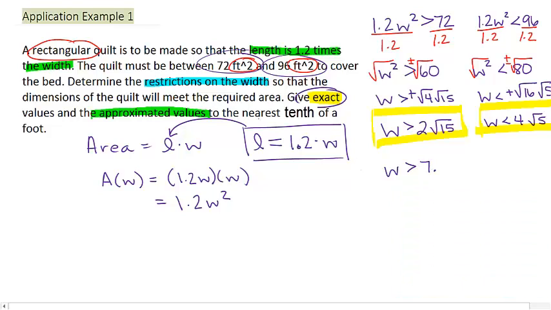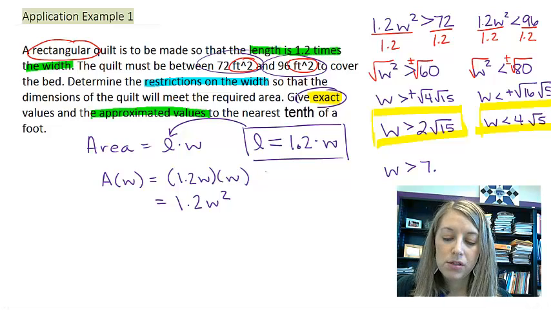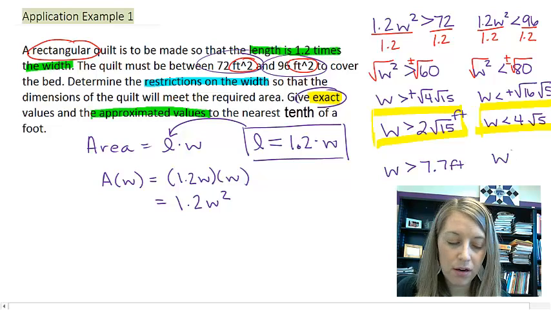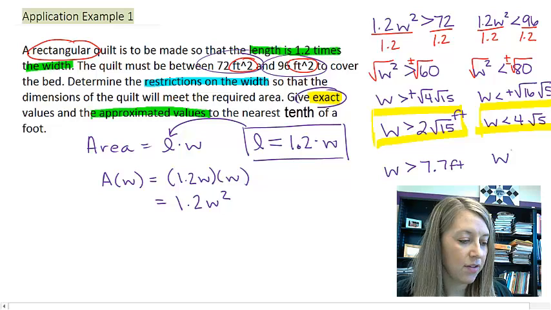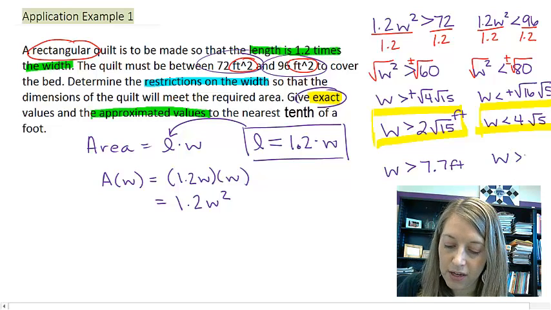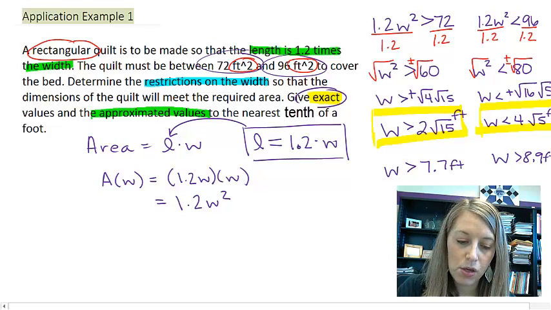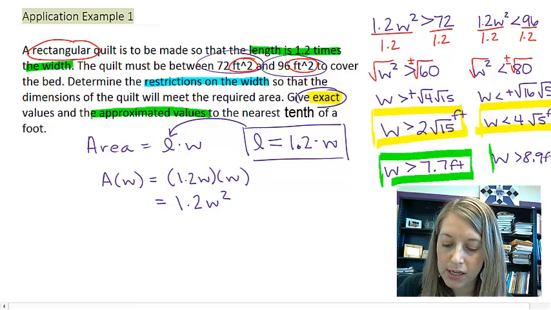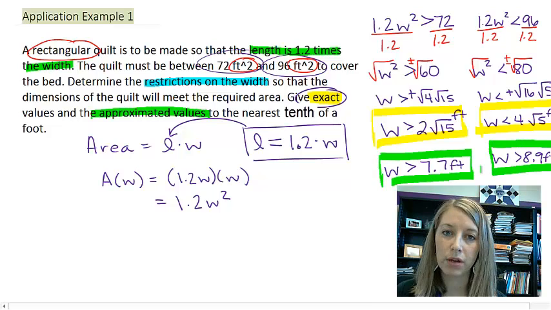It says to the nearest tenth of a foot, so that is 7.7 feet. And then my other one, 4 times the square root of 5, is 8.9 feet. So I have my exact values in yellow, and I have my approximate values here in green.